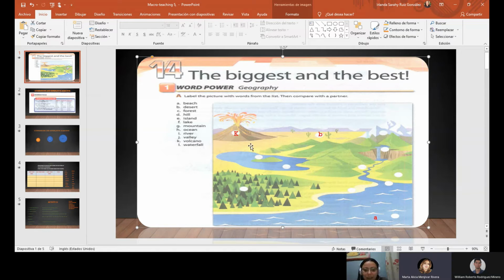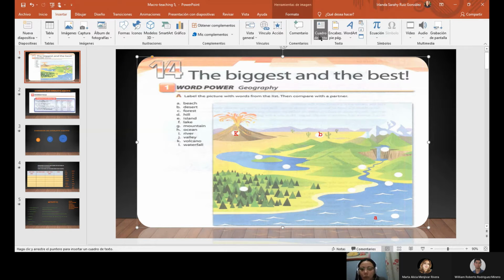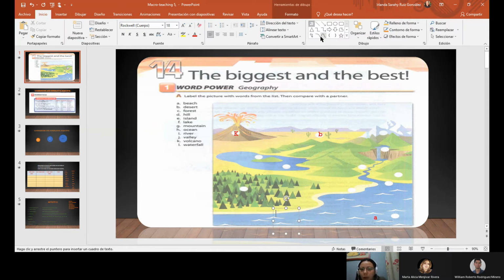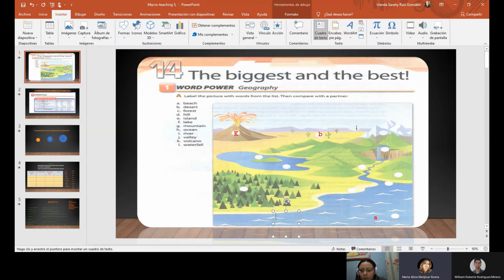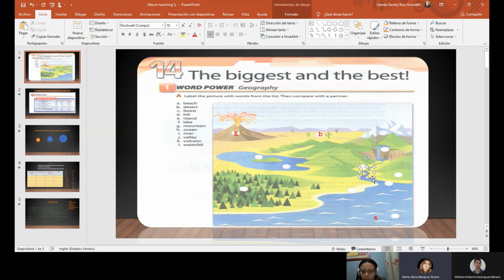Okay. For example, in this place, Marta, I want you to tell me where I can place the river in this chart. The river is to the right side.